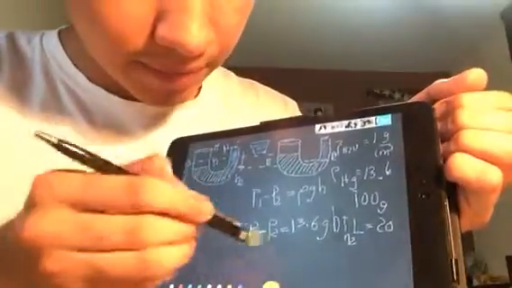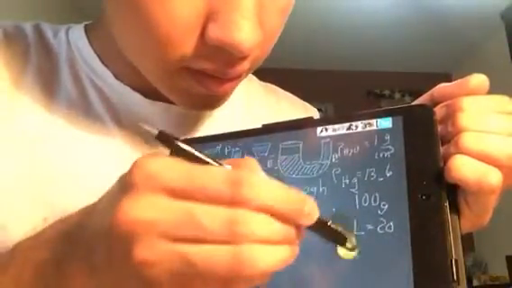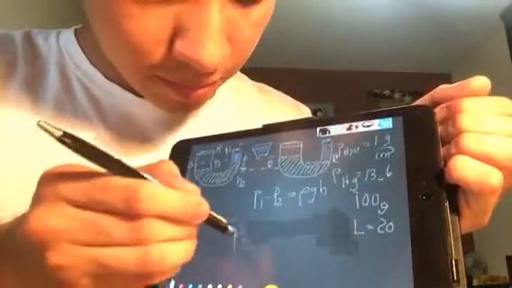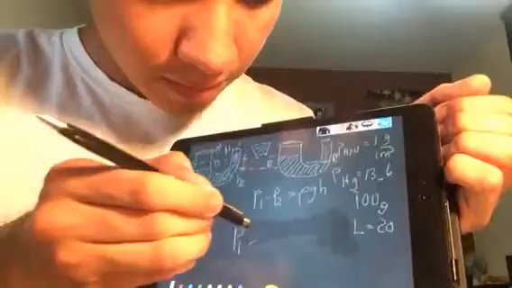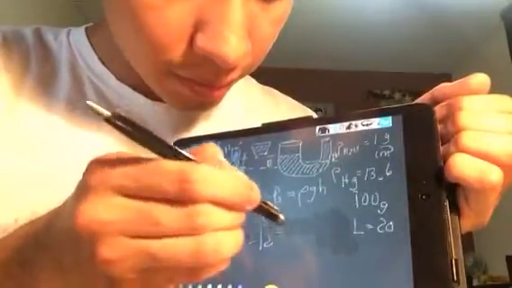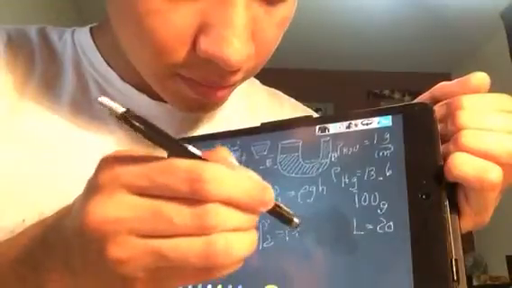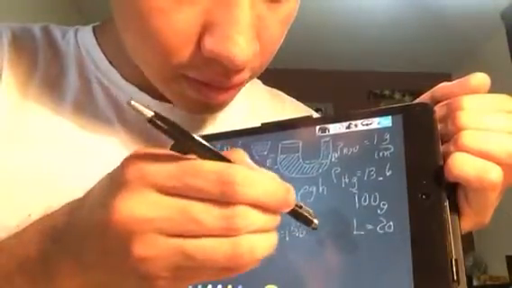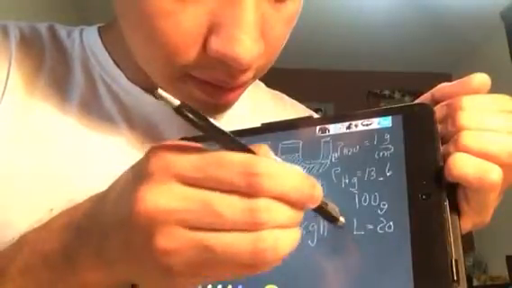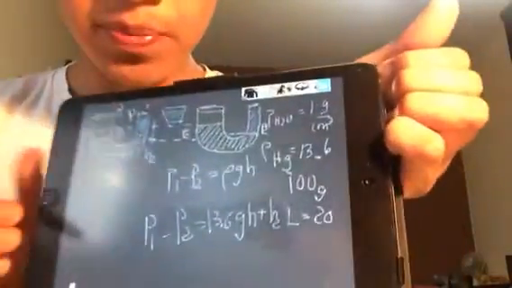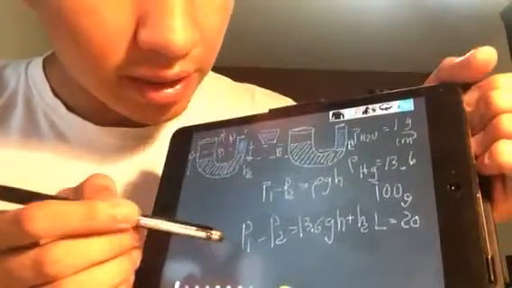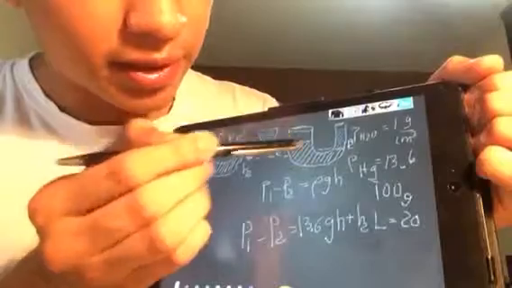I'm going to rewrite this. P1 minus P2 is going to be equal to rho, that is 13.6 times g, times (h plus h2). This is our formula for this part of the container.